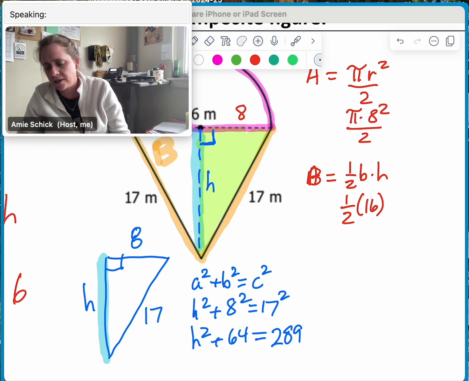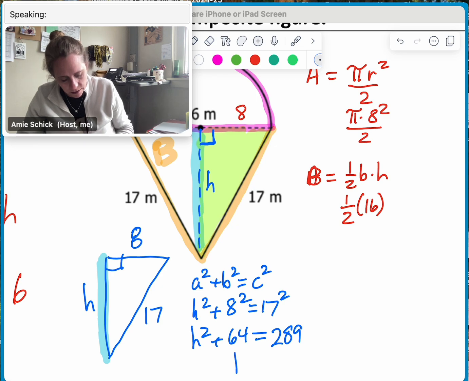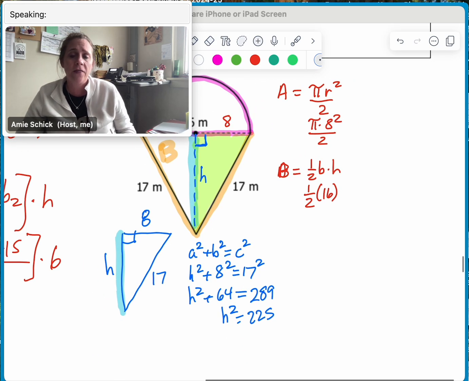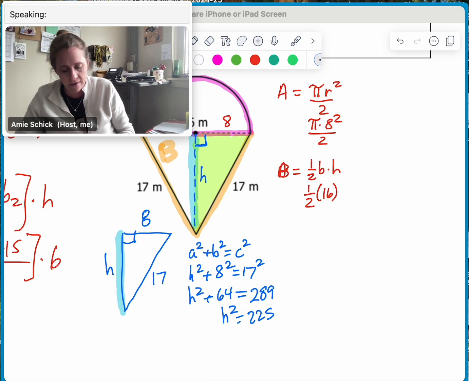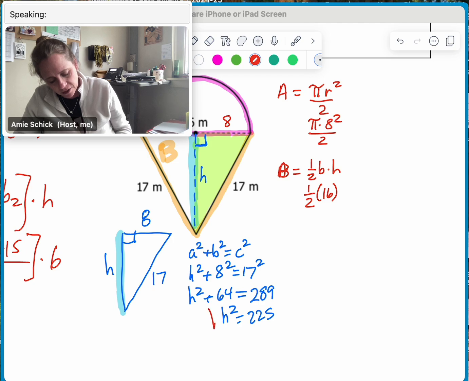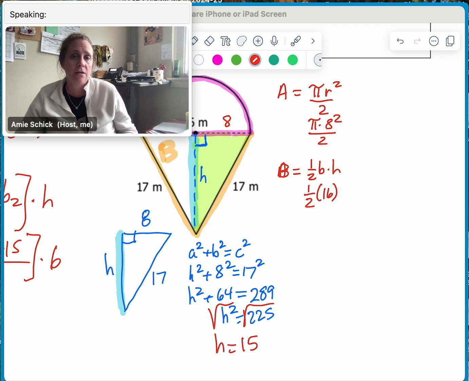Then we're going to subtract 64 and end up at 225, which is way too big. Remember, I told you, I thought H was a little less than 17, not 225. To continue solving, you will take the square root of both sides and find that that height is 15. Really close to 17, just like I said.